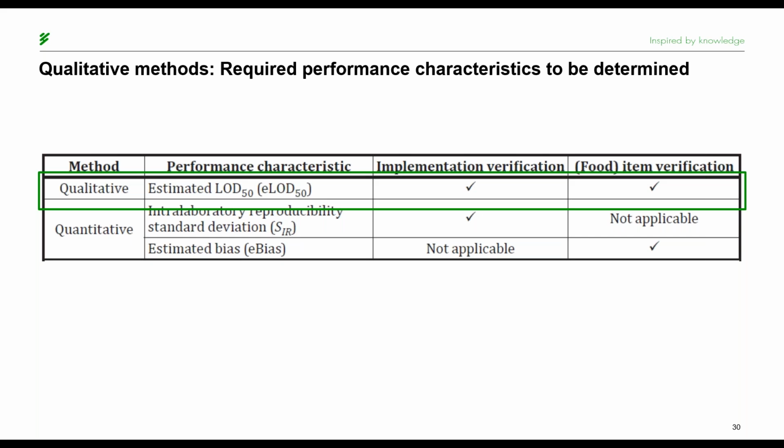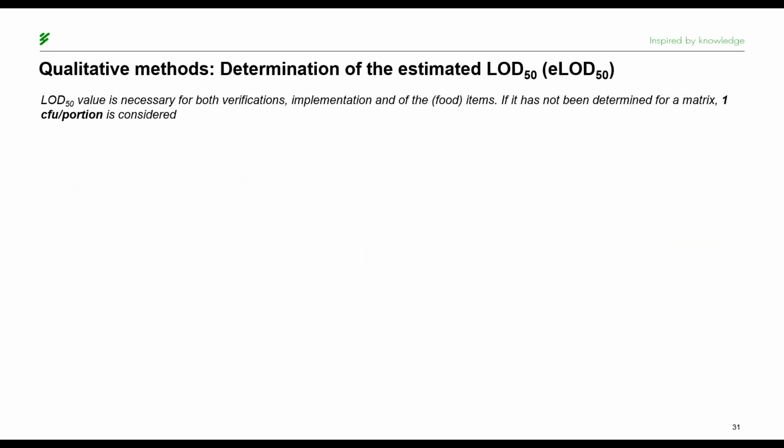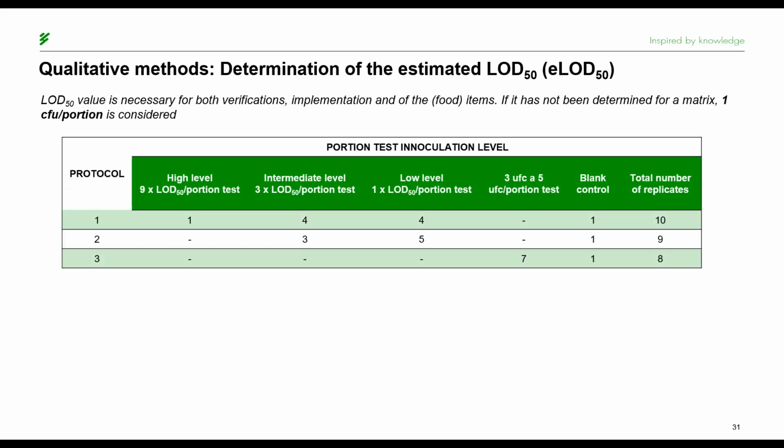The LOD50 is found in the validation studies, and we compare it to the estimated LOD50 that we obtained during the verification. To do so, we can find different protocols in the ISO standard, which are basically experimental designs for the laboratory to select according to their preference.